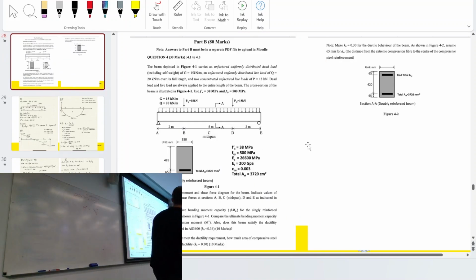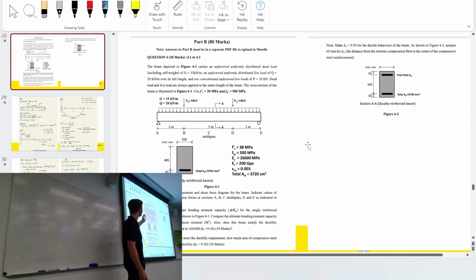So for example, this question is just testing the bending moment capacity, the flexural, which we just went through. Going back to that formula, all this work is just to work out that main formula.